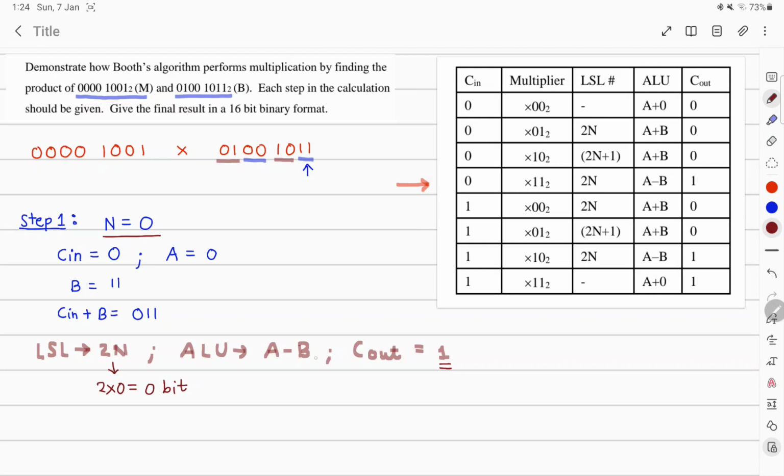Now this B means your multiplicand, which is 00001001. You will shift it by 0 bits because you have got 0 for LSL, by multiplying 2 with 0. Now what is your A? A is all zeros. So write all zeros, 0000 0000 0000 0000.